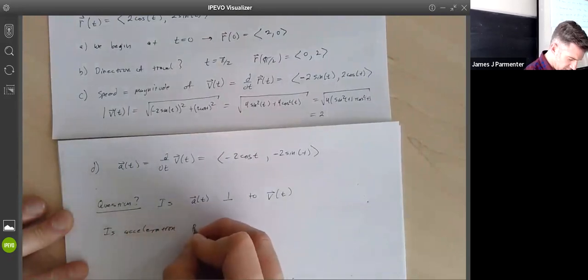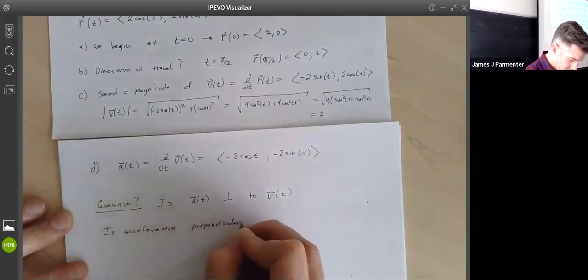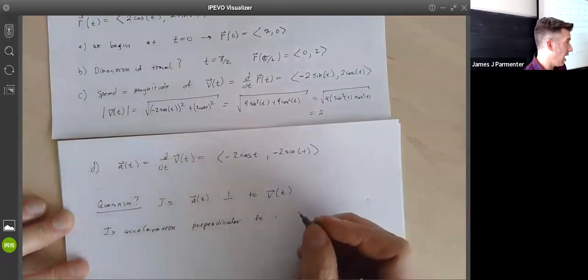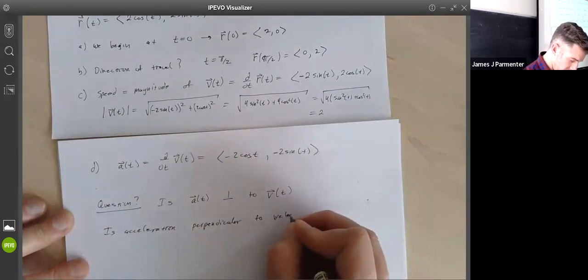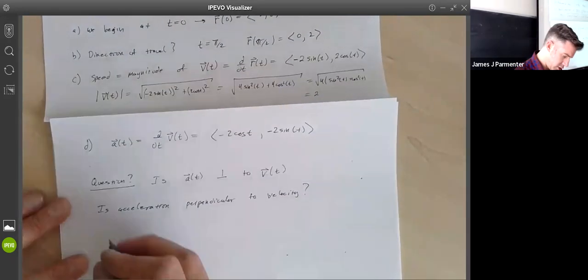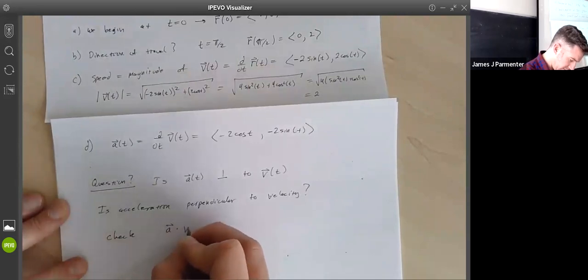If anyone's ever asking you to check if two things are perpendicular, what they're asking you to do is to look at their dot product and see if it's 0. Well, let's check. Let's check A dot V.